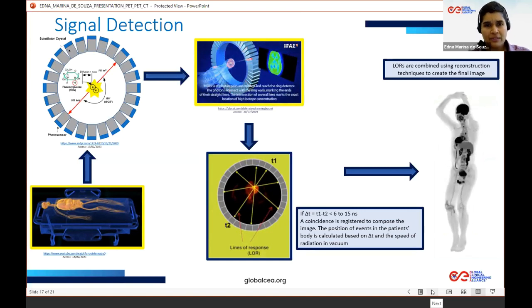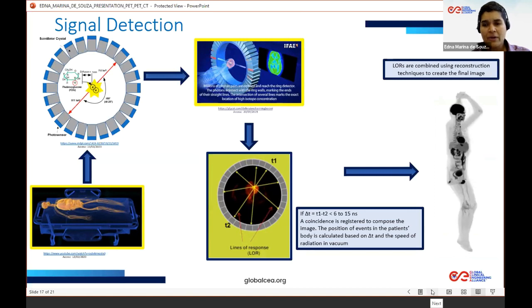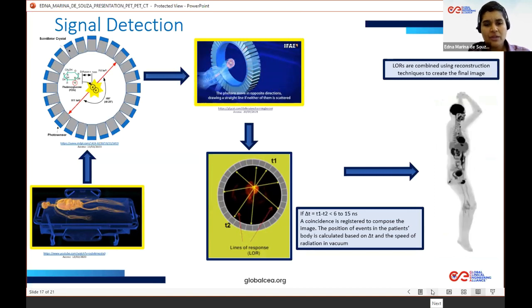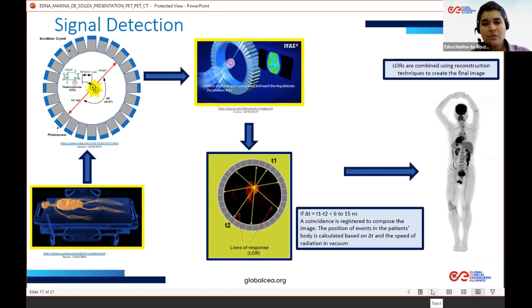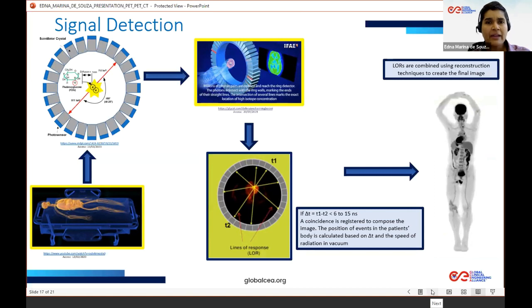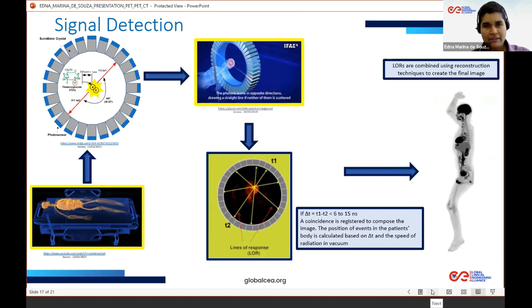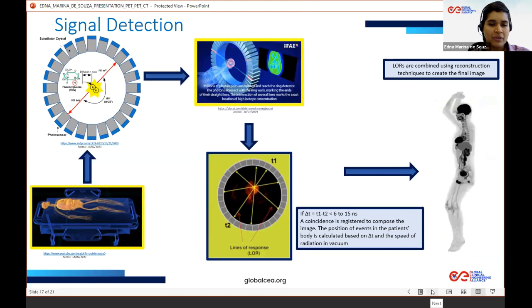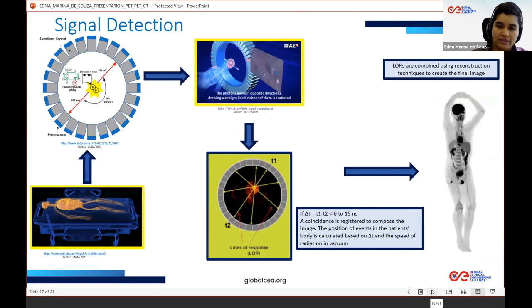The definition of the time of flight of the gamma rays before they reach the detectors can contribute to spatial resolution of the images. And the lines of response defined by the gamma rays are combined using reconstruction techniques to create a metabolic image of the body.